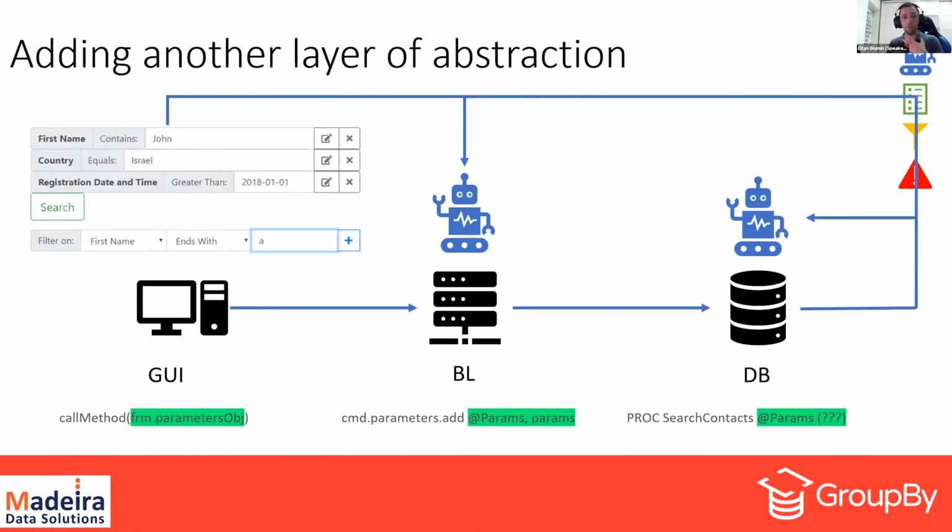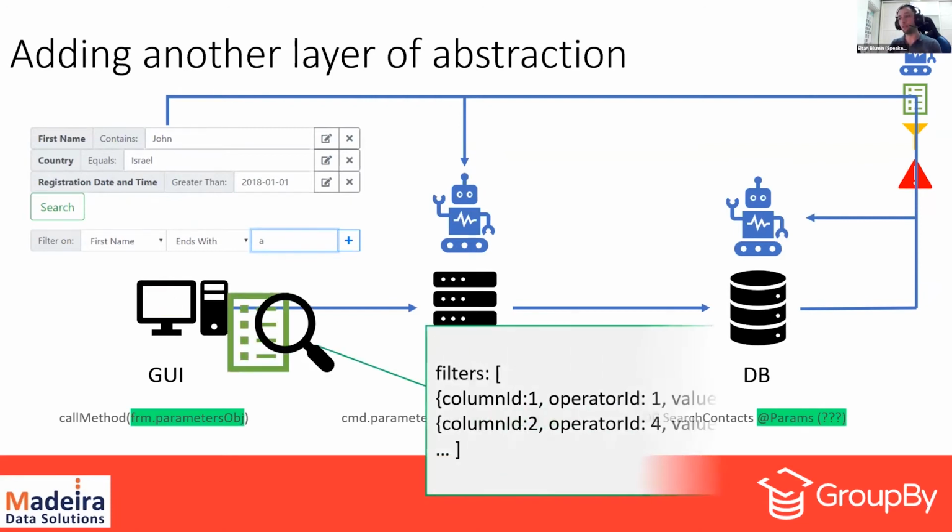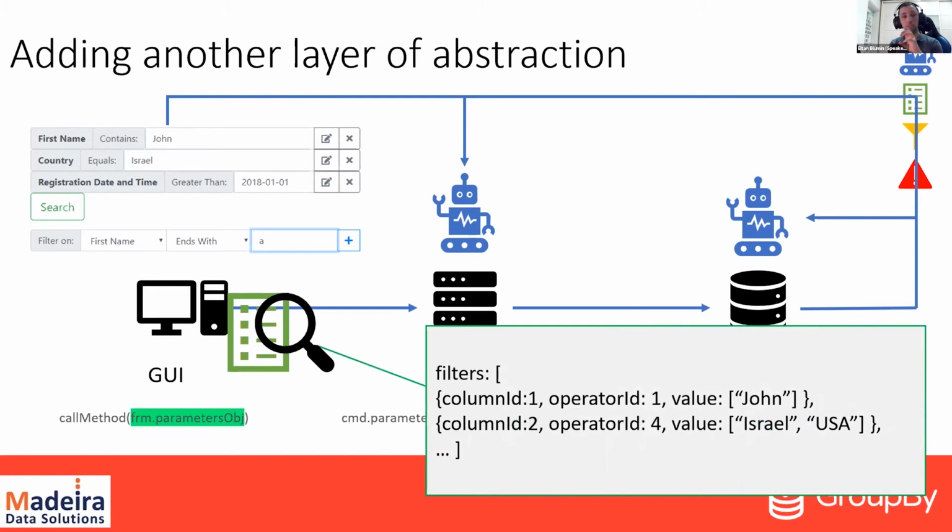Once we do that, the user provides the values. Those values are also packaged in a collection. It's sort of a collection of parameters, but more properly called a parameter value collection, okay? So for which columns we provide which parameters and which value or values.